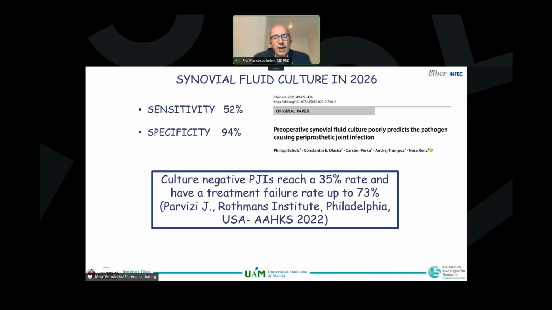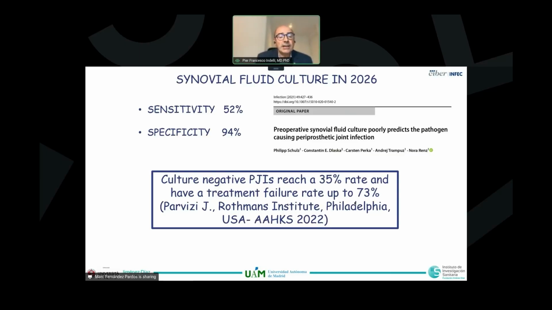But we know now in 2026, and this is a concept we have known for many years, that the sensitivity of the synovial fluid culture is very low. And culture-negative PJI reaches a 35% rate even in top PJI-dedicated institutions like the Rothman Institute in Philadelphia.